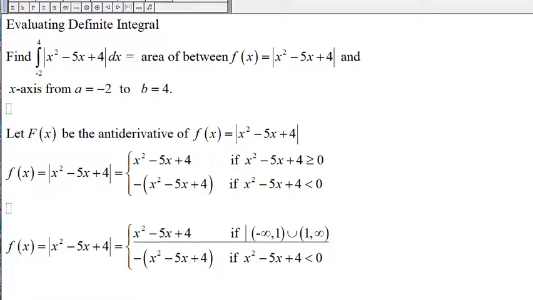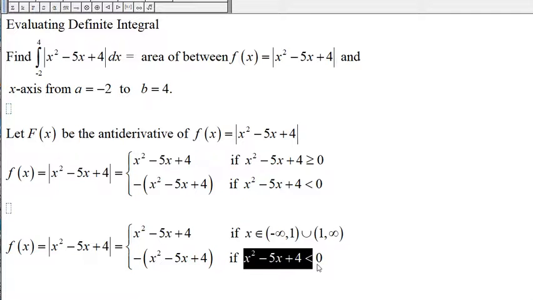So if x is any number, this inequality is equivalent to this. If x is any number in this interval or in this interval. And then for down here, if x is between 1 and 4.